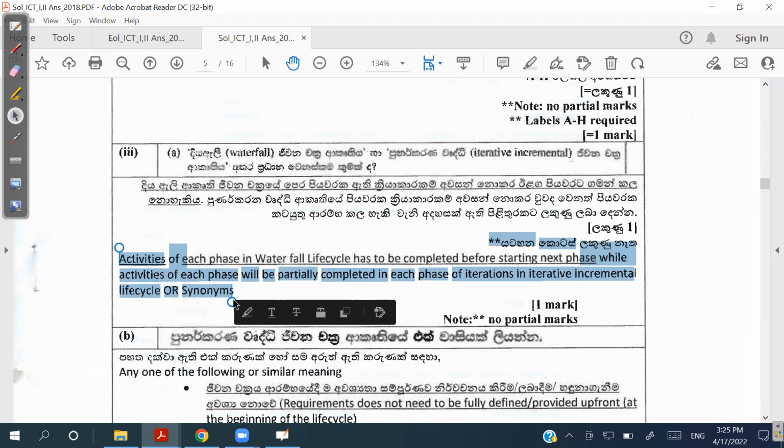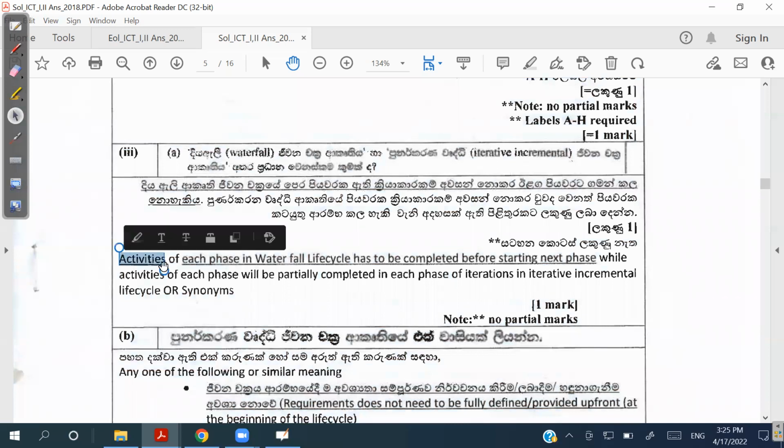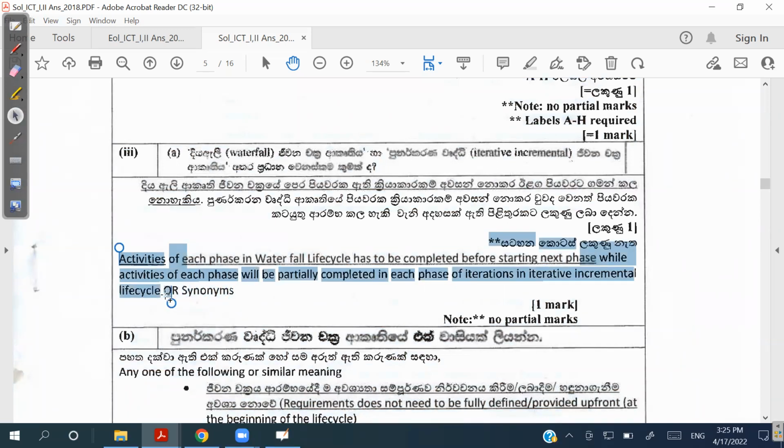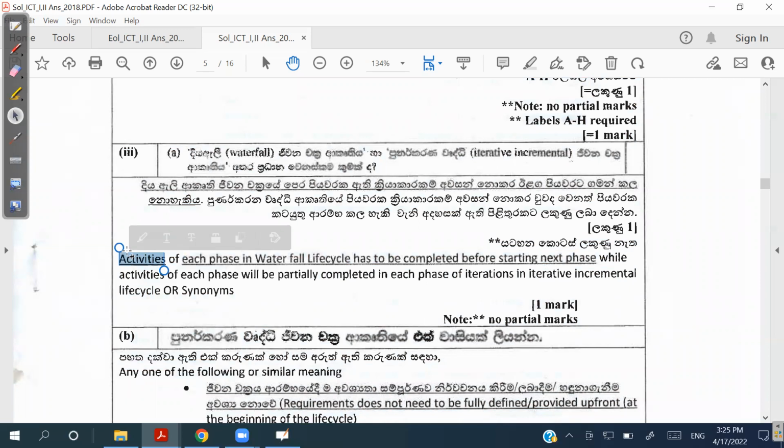Or any similar answer. So if you have given this idea in your explanation, that means you can have the marks. Just see it properly, people, whether you got it correctly.